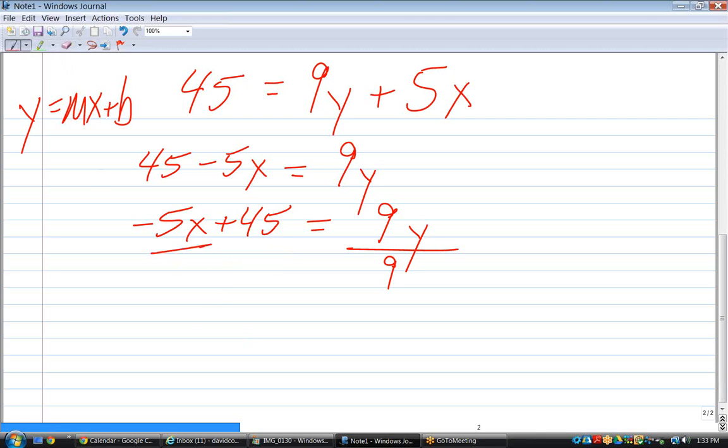I can just divide each term by 9. Same thing. What's the next line? In other words, we have to simplify that. I'm just figuring that out. Okay.